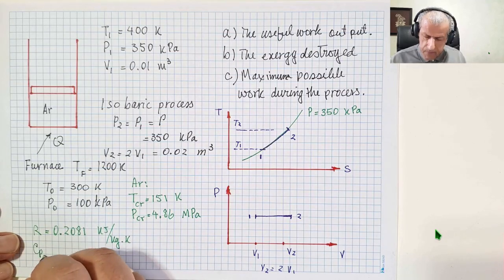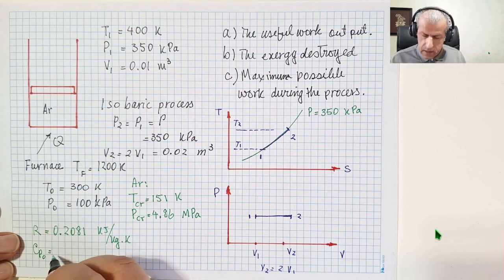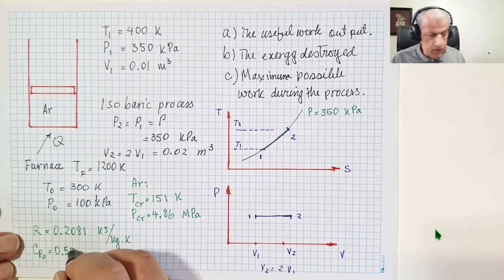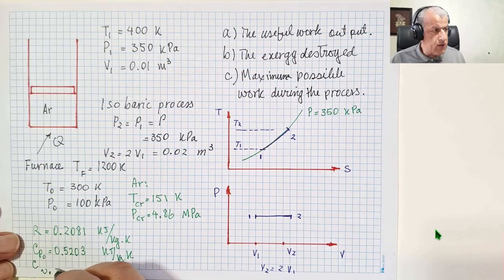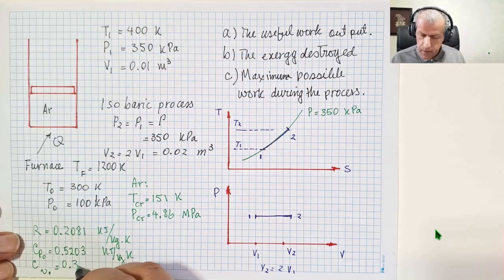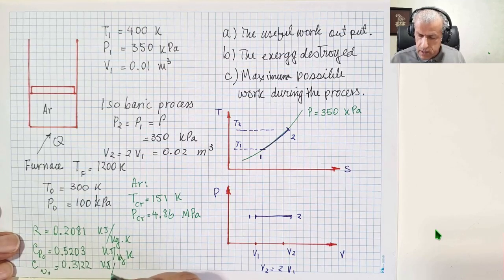CP0 equals 0.5203 kilojoules per kilogram Kelvin, and CV0 equals 0.3122, again kilojoules per kilogram Kelvin.